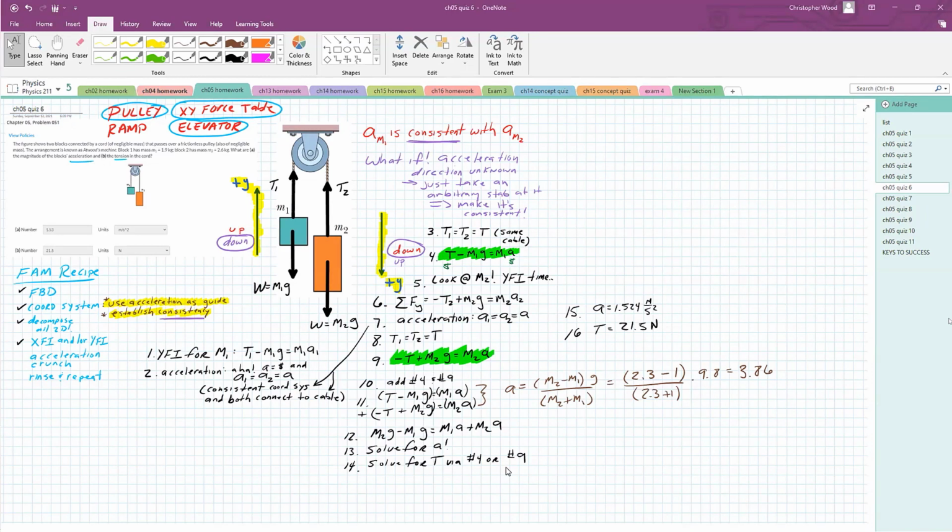Okay. For you, I get different numbers for your masses. I get mass 1 is 2.5 and mass 2 is 4. Nope, that's not on mine. Mine only says block 1 is 1 kilogram and block 2 is 2.3 kilograms.